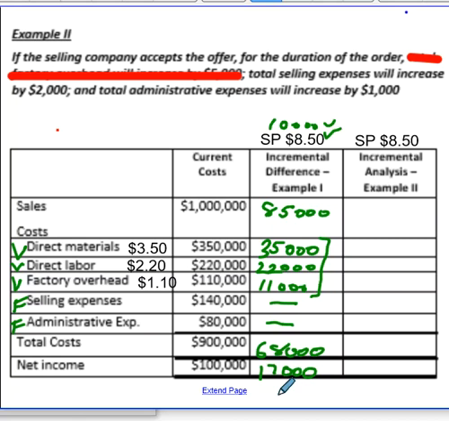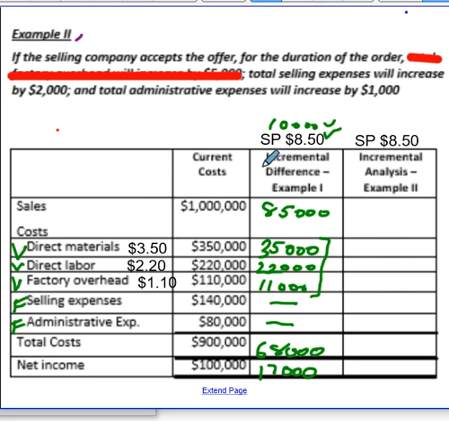Now, we're going to try example number 2, and I'm just going to use a different color on here, hopefully. Yeah, it's purple or something, to make sure I don't mix these numbers up.